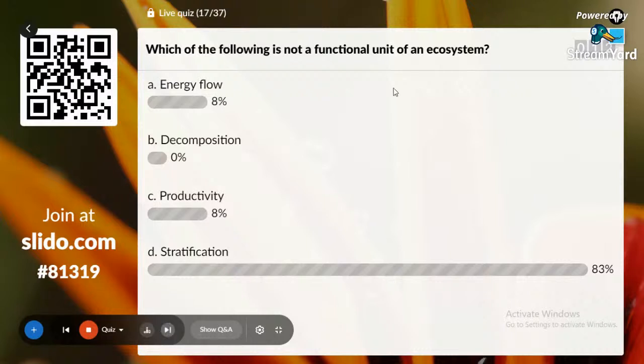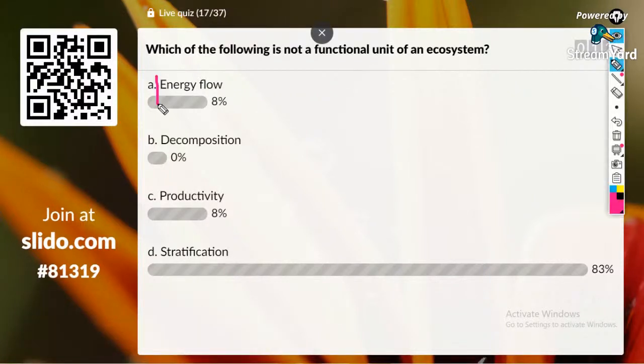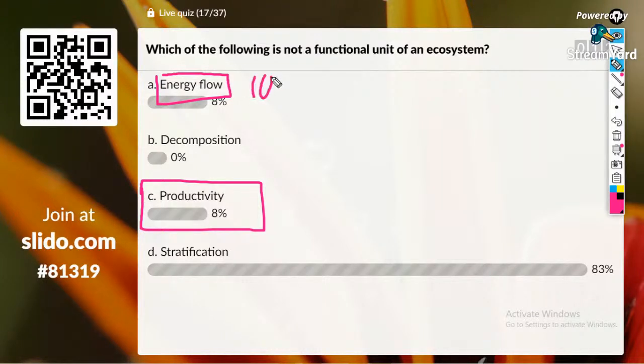83% with productivity. Guys, what is this? Energy flow, 10% energy flow you have studied in ecological pyramid.